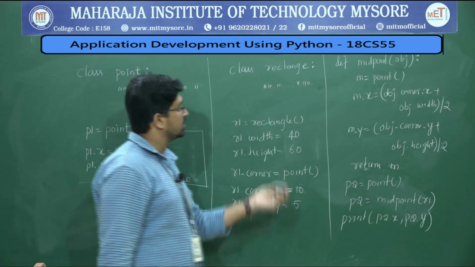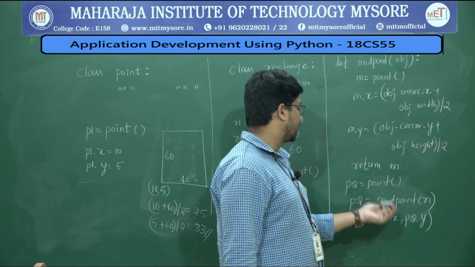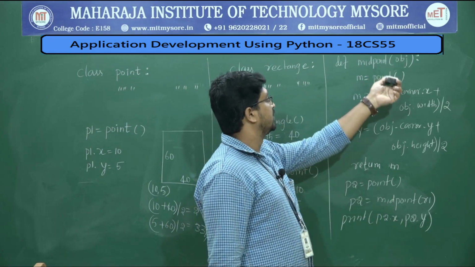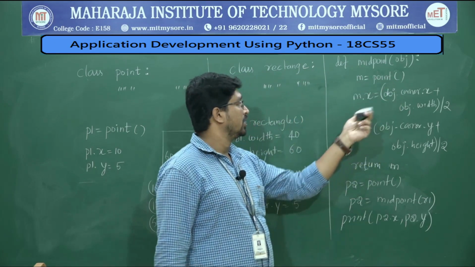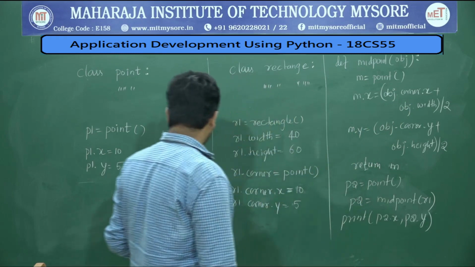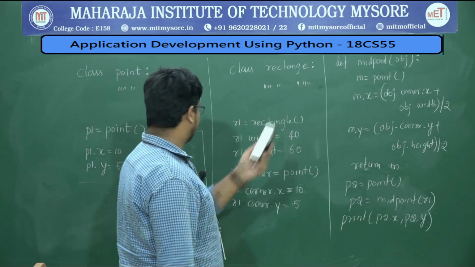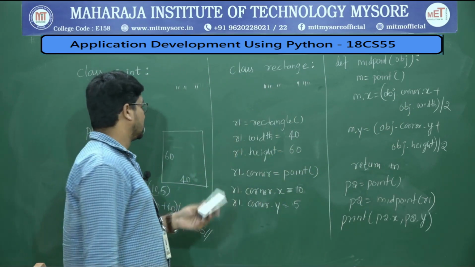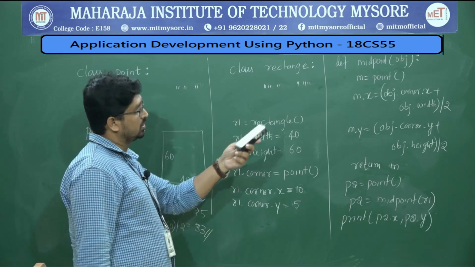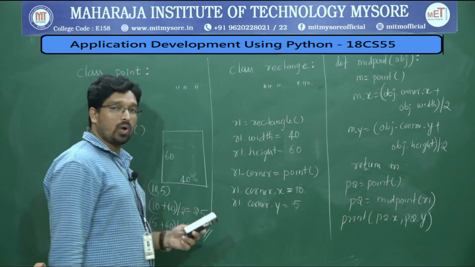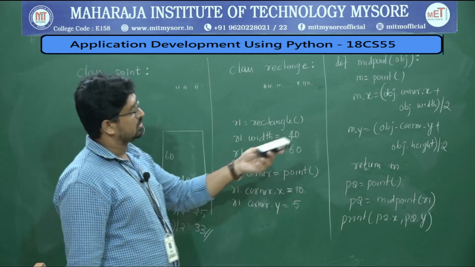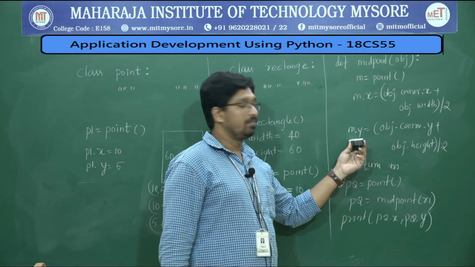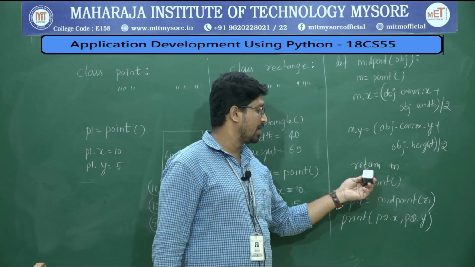In the same way, here we are calling midpoint with R1, it will go to the m object. The m object is created of type point. Then what is the corner value? 10 plus width 40 divided by 2, that will be stored back to the x value. In the same way, corner dot y value, that is 5 plus 60 divided by 2, that is 33, is stored back to m dot y, and finally we return the m value.